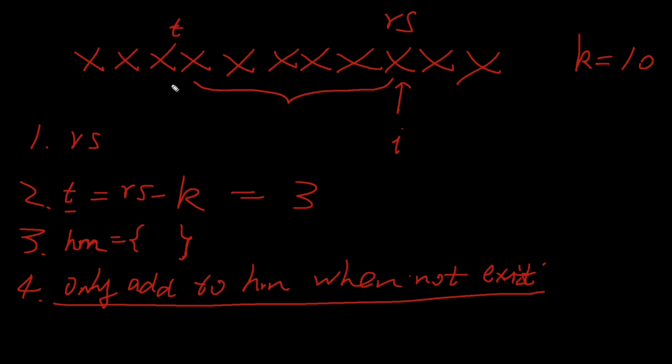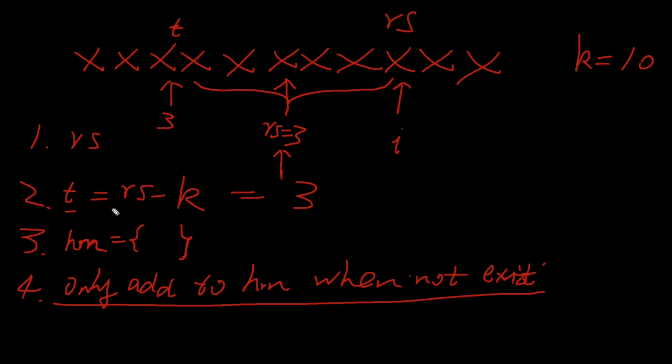Let's say we have a 3 here, and somewhere in here we also have a running sum equal to 3. But in this case, we don't update the index here. We only insert into the hash map when it's not there. That's the way we can guarantee that for a given running sum, the hash map stores the smallest index for that running sum. That's how we get the longest subarray.